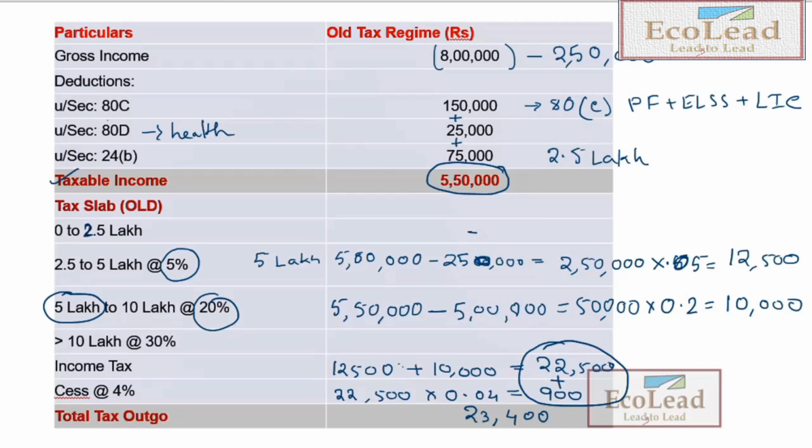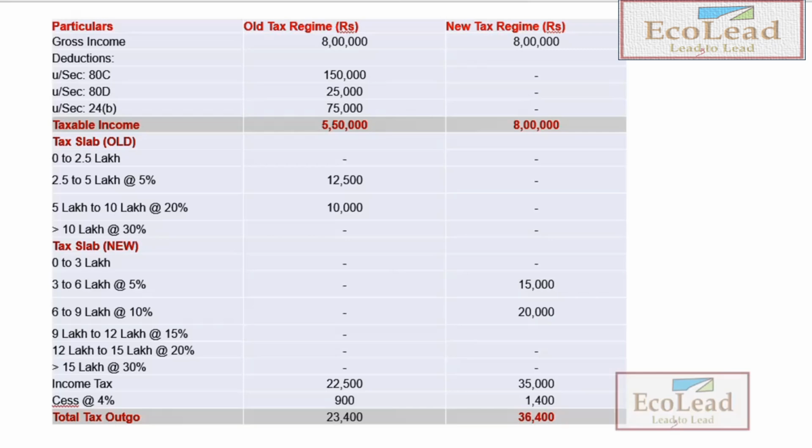Now if we compare the tax outgo for both the old tax regime and new tax regime, we will have these values.